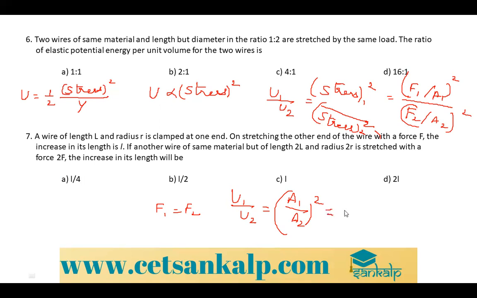So I'll write this as d2 square divided by d1 square whole to the power 2, so finally d2 by d1 whole to the power 4, since 2 times 2 is 4.